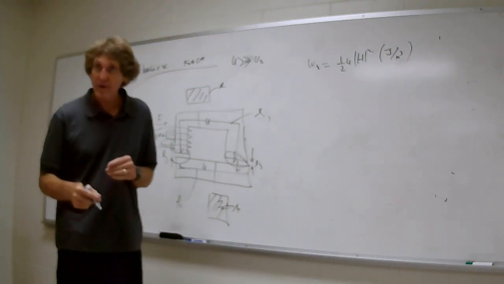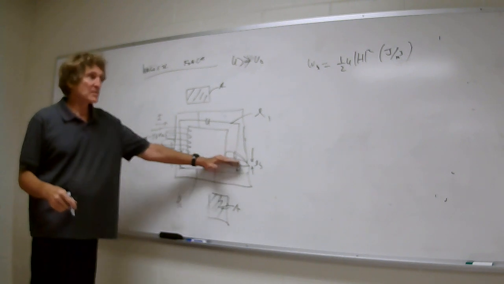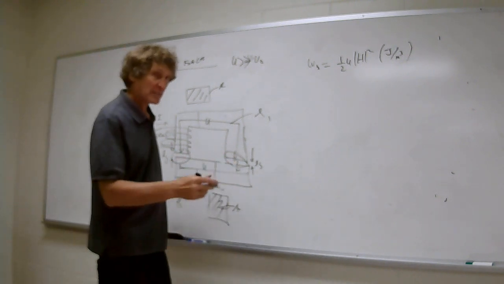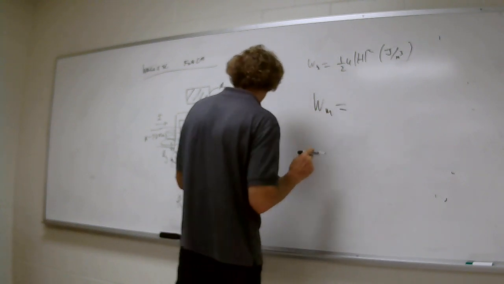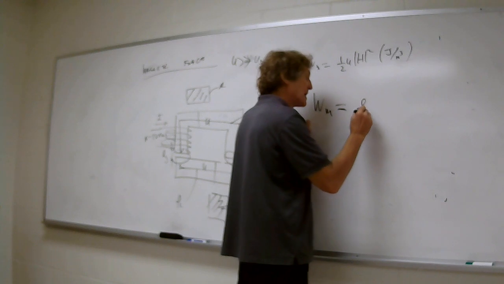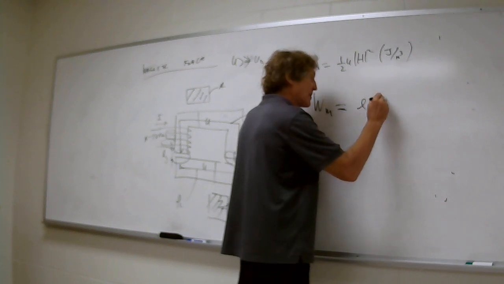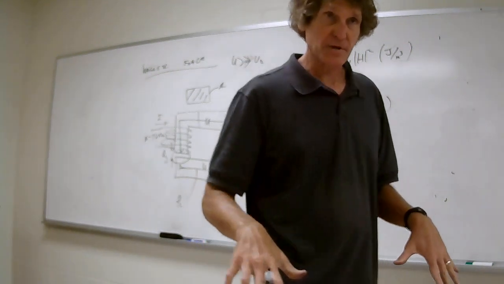Yes. Now I want you to just look at this. We could calculate the total energy in these two areas, and I'm just going to use a capital W. The magnetic energy in these two little gaps would be the volume of the gap, which is going to be L times the area times 2. The reason it's times 2 is because there's 2 gaps for this electromagnet to work.